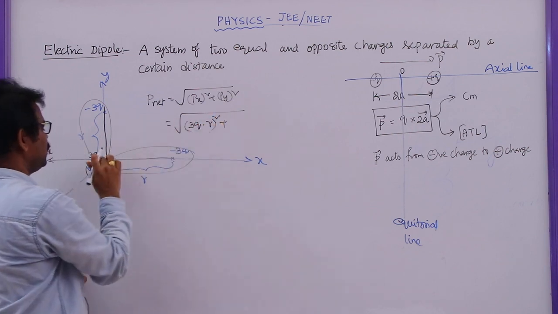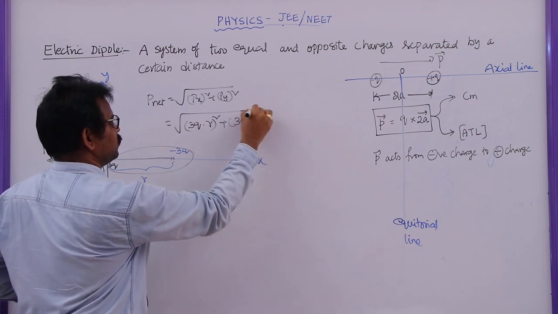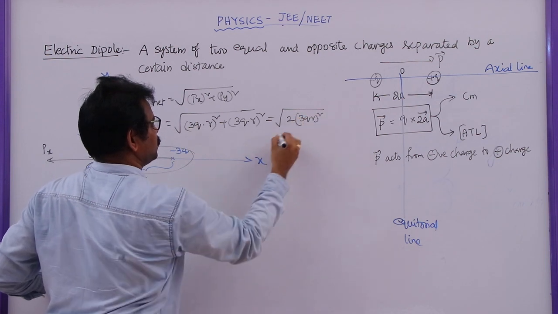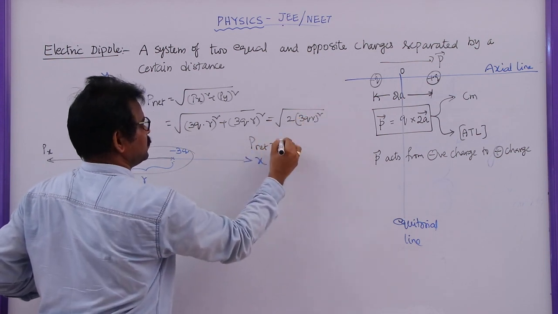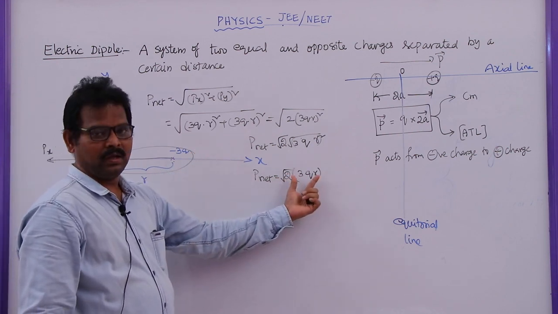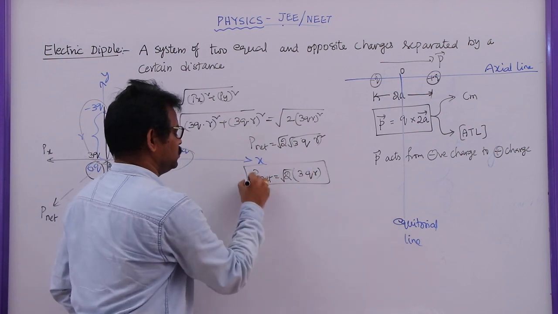Similarly here also this will be 3qr. So P net is root 2 times the dipole moment of each dipole. This is the net dipole of this combination.